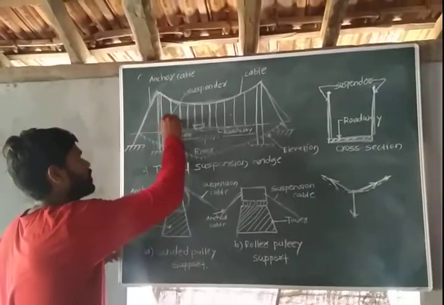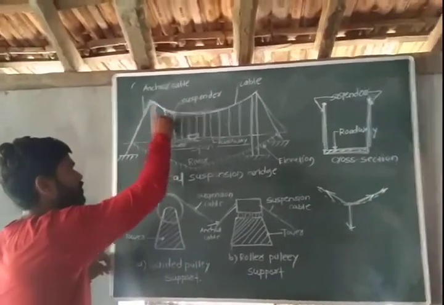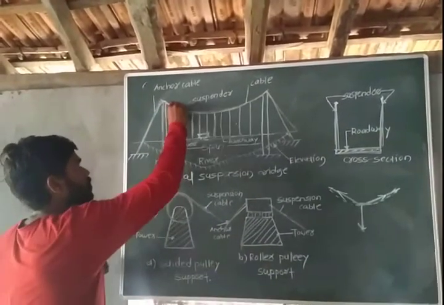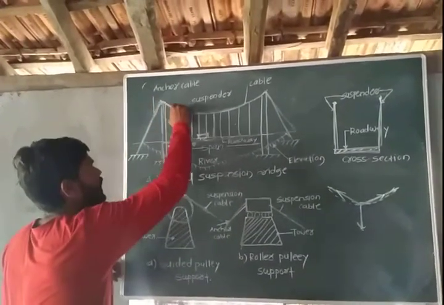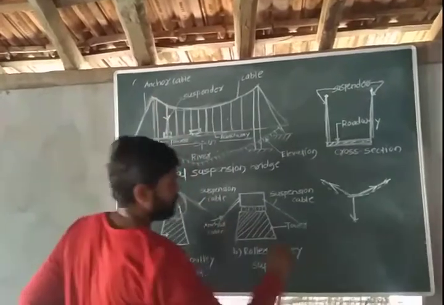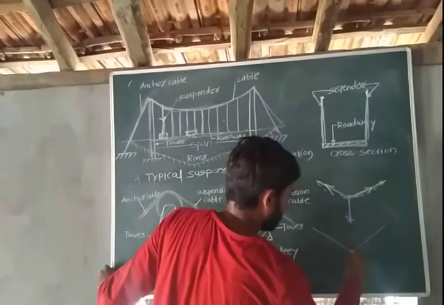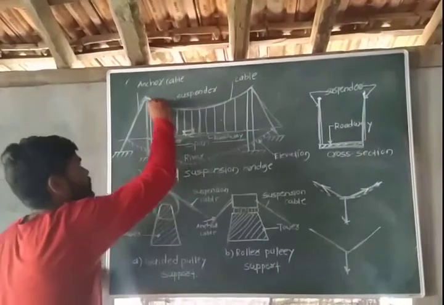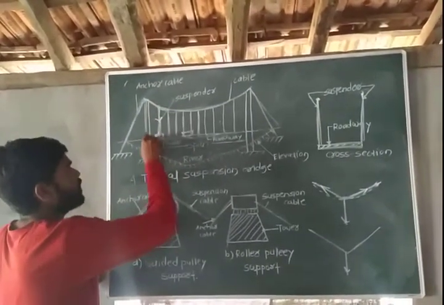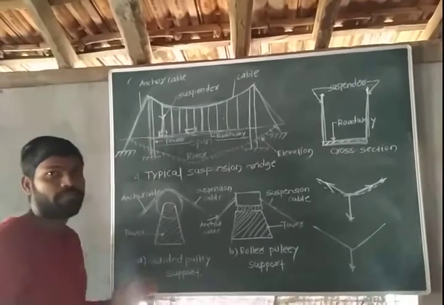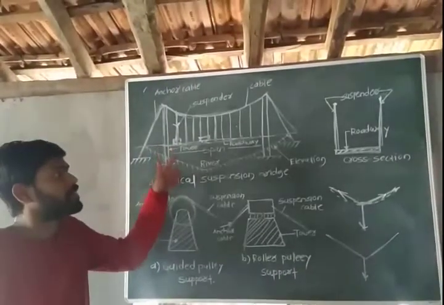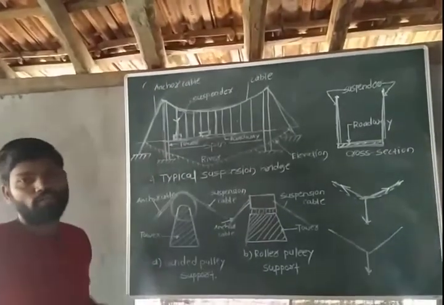This load will be transferred directly to the suspender, and this suspender will transfer the load to the carriageway. And at this location, what will happen? Cable will change the shape, and as this cable has changed the shape, definitely the carriageway will also possess some deflection, lateral deflection. Due to this, stiffness will not be given to the actual roadway.